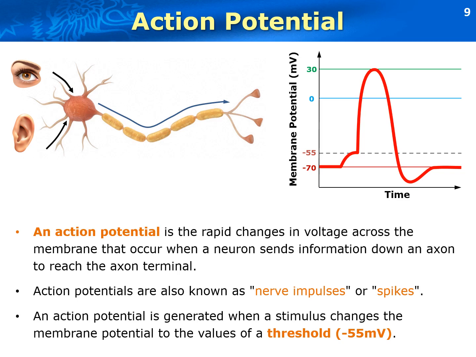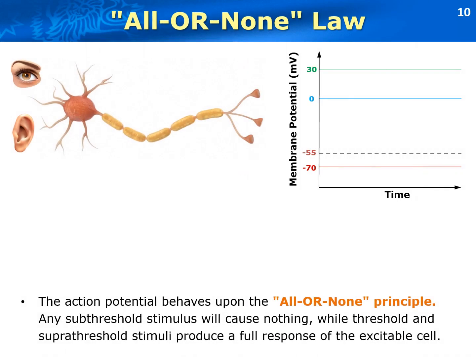The value minus 55 millivolts is called the threshold potential. The generation of an action potential follows a principle named all or none. Any subthreshold stimulus will cause nothing, whereas threshold and superthreshold stimuli produce a full response of the excitable cell.